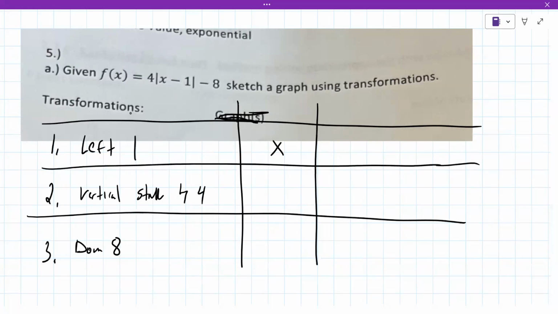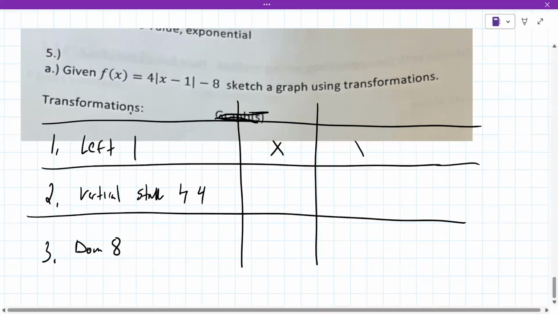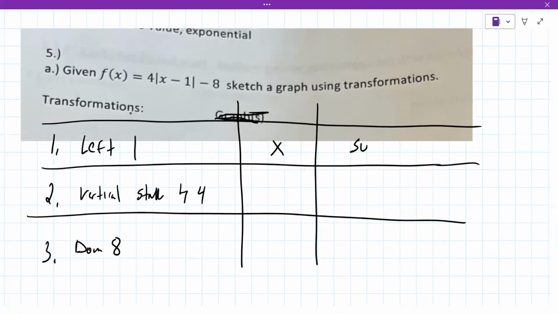Left 1. So what do you do to that X value? Do you add 1 or subtract 1? You're subtracting 1, because you're going to the negative side. Yep. So you can write subtract 1. If you like this notation more, X becomes X -1. It's all good.